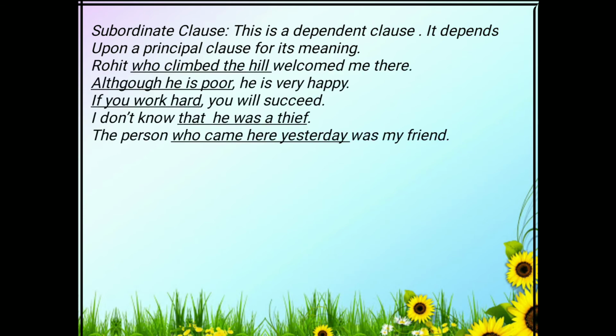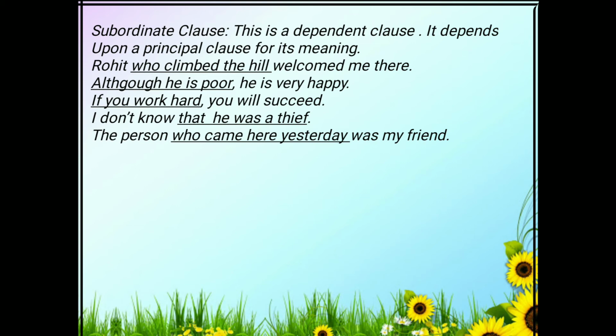Subordinate clause is a clause that cannot stand alone as a complete sentence. A subordinate clause is dependent upon a main clause to be meaningful. It is also referred to as a dependent clause.